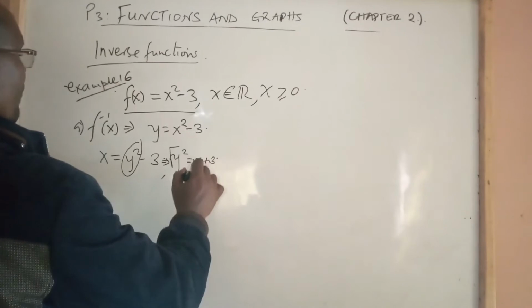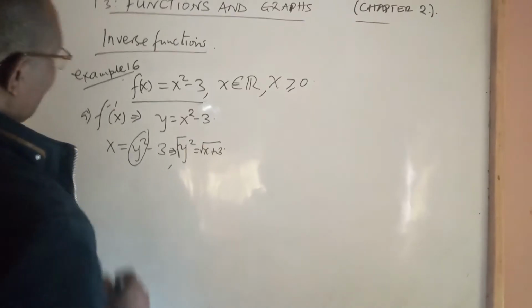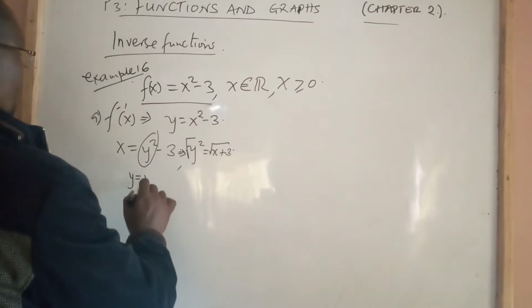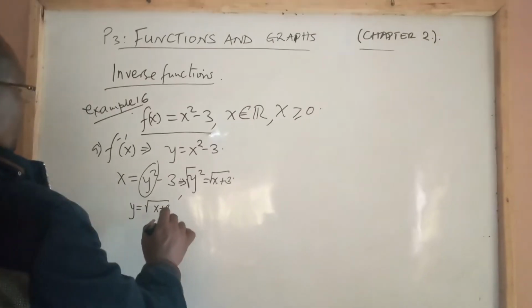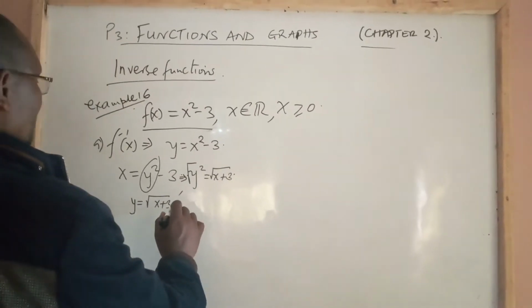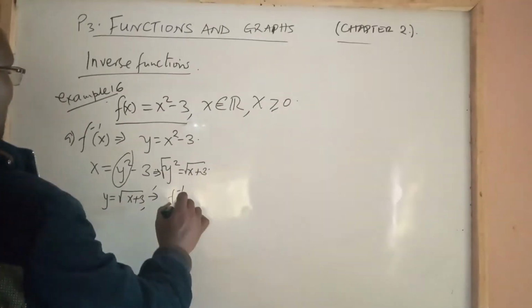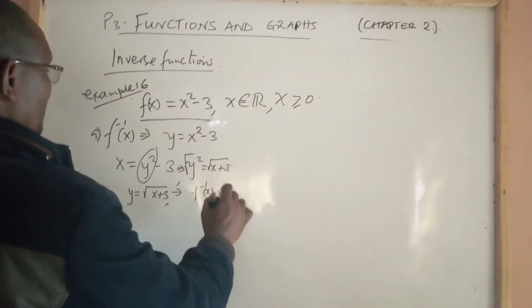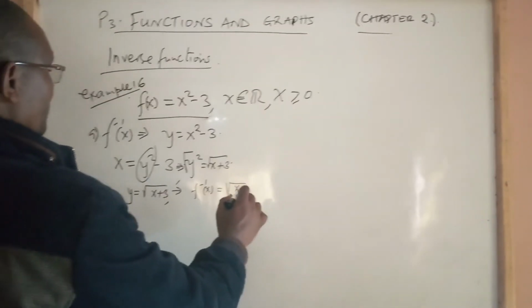Taking the root of both sides gives us y is equal to the square root of x plus 3. And finally, this is simply the inverse function of f(x).